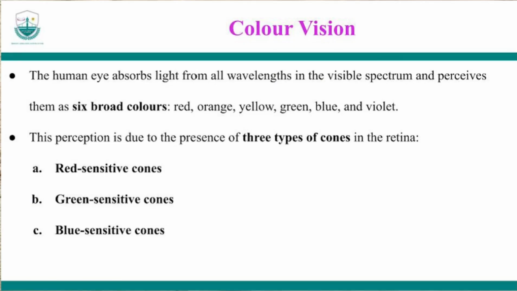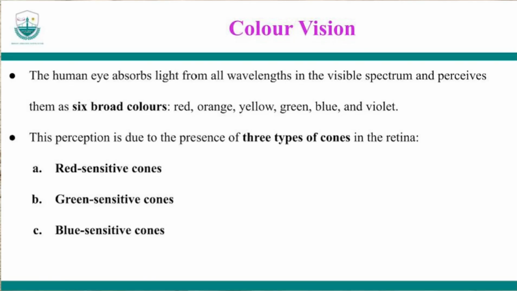So how does that really happen? How is it that we can distinguish between these different colors that I have just talked about? Remember, the cells that are responsible for color vision are called the cones, and we have three types of cones. That is the red sensitive cones, or the red cones, the green sensitive cones, or the green cones, and then the blue cones.